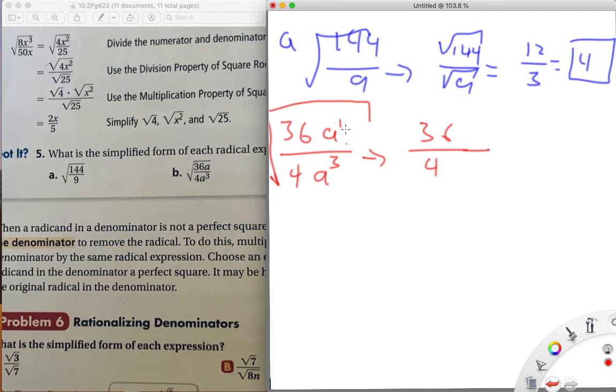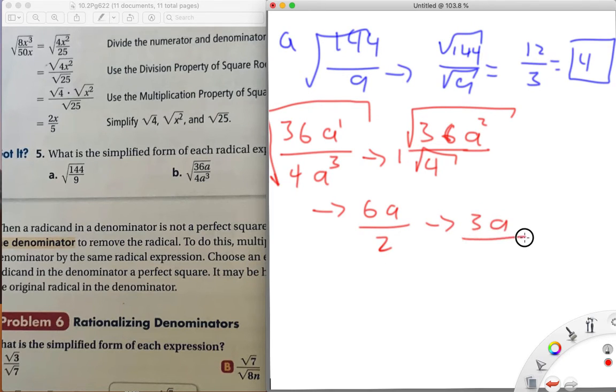Remember there's a 1 here, so 1 minus 3 is a to the negative 2. So we have a to the negative 2 down here, right? And that's going to flip up to the top. So then it's going to be a to the second power up here. And then I can square root that individually. And that gives me the square root of 36 is 6. Square root of a squared is a. Square root of 4 is 2. So I get 3a for b.